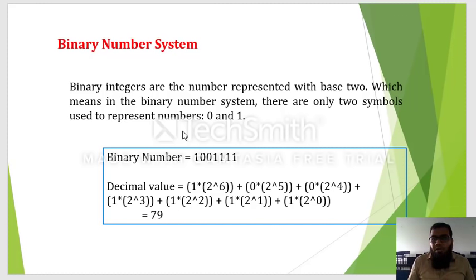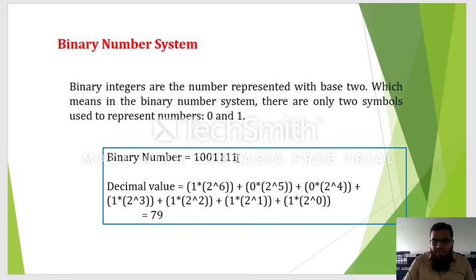As a user, we don't understand what this 1001111 is, so we need to convert it into a decimal number system. The decimal number system is the system which we understand as a user.